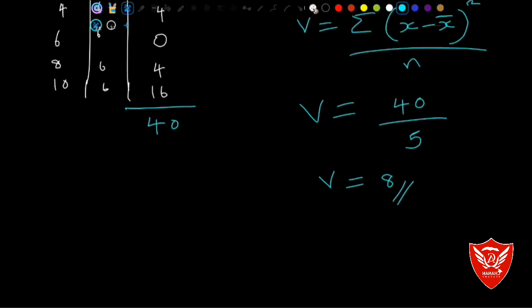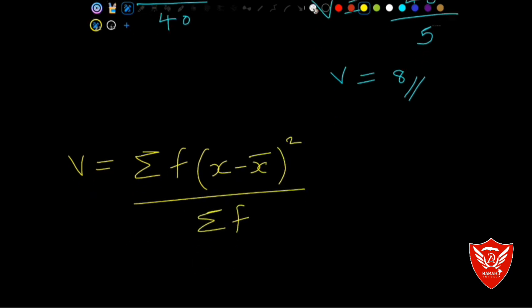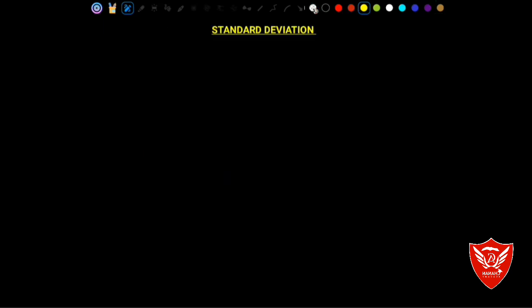Let me quickly give the formula for variance from a frequency distribution, which is the summation of the frequency times x minus x bar squared, divided by the summation of the frequency. You can follow the same procedure as earlier discussed in mean deviation.